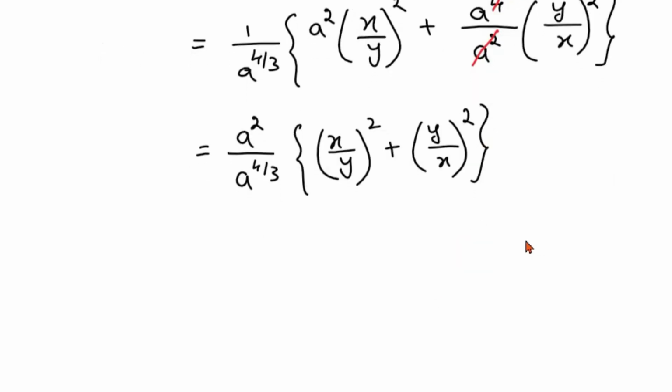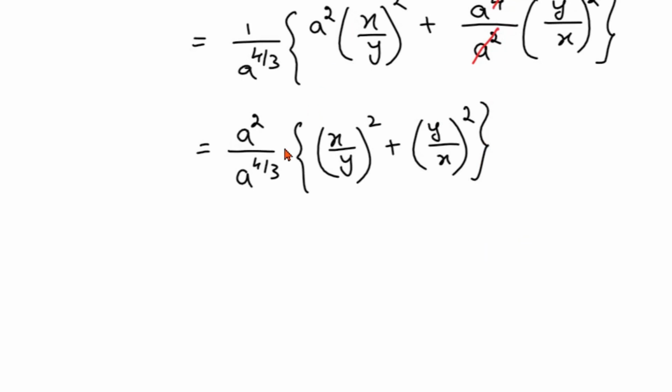So let us try to simplify this term over here. A square to the power of 4 by 3. Since we are having a square, I can take this a square into a power of 4 by 3. If I take it in the numerator, it becomes minus 4 by 3. Now since the bases are the same, you can just add the powers: a power of 2 minus 4 by 3.